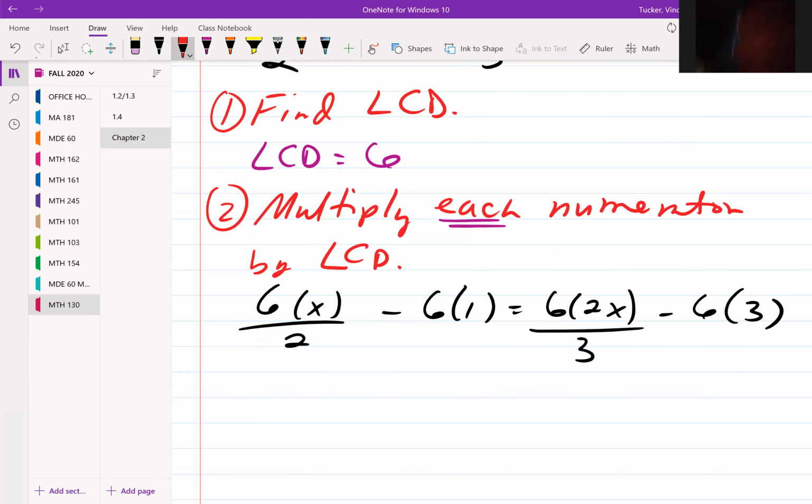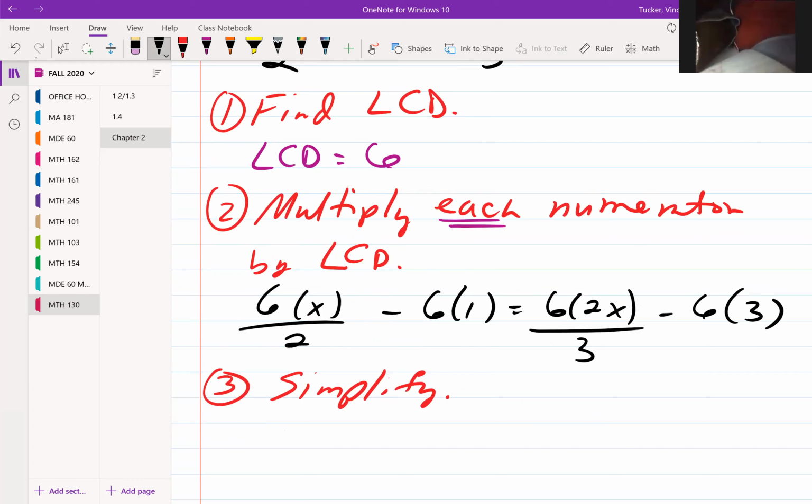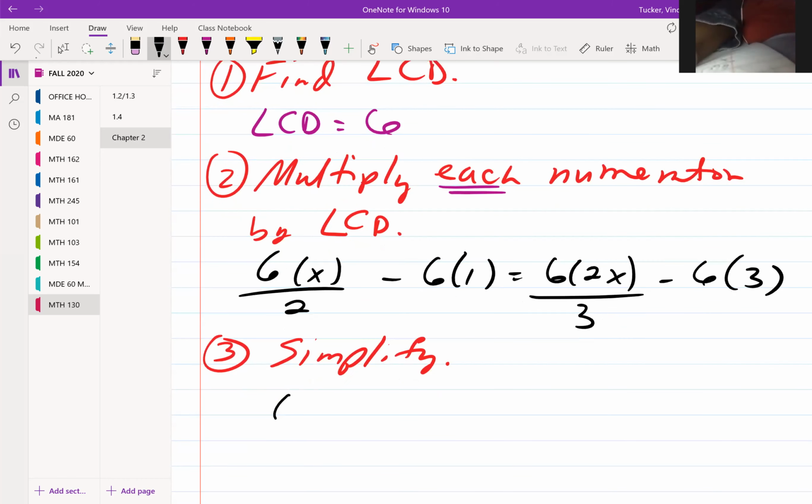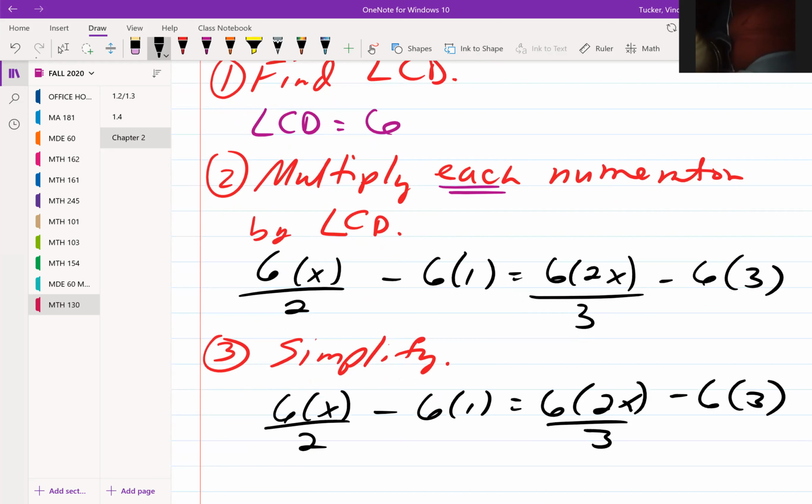All right, any questions with the process so far? All right, so the next step is to simplify.